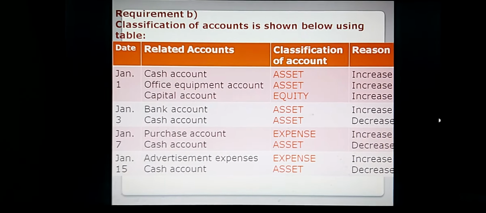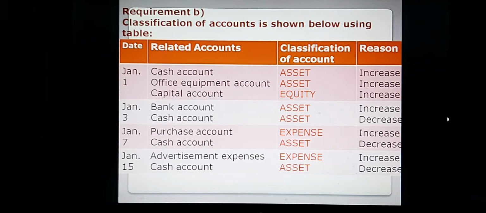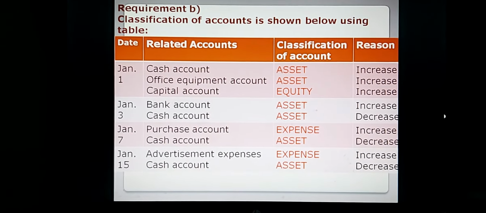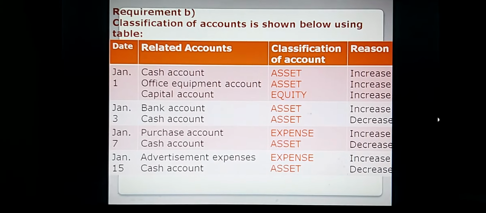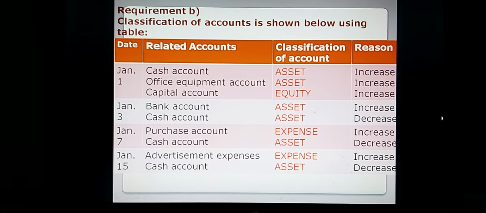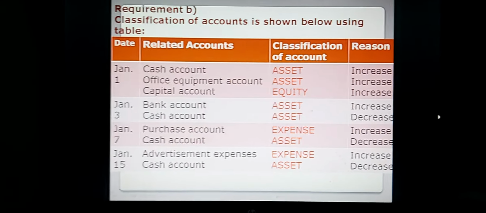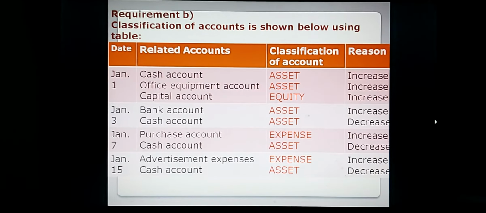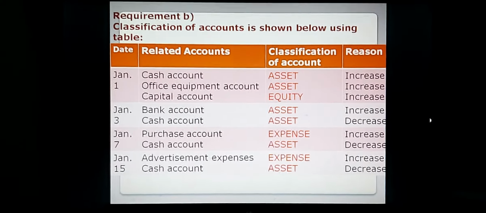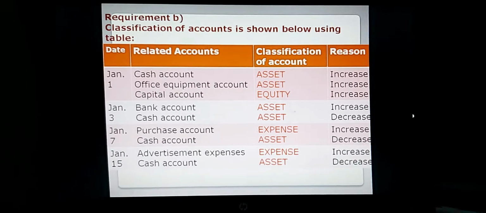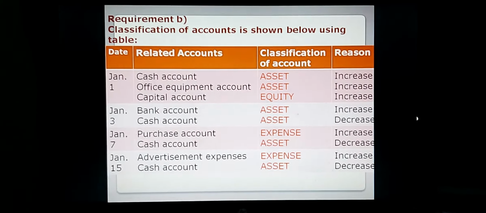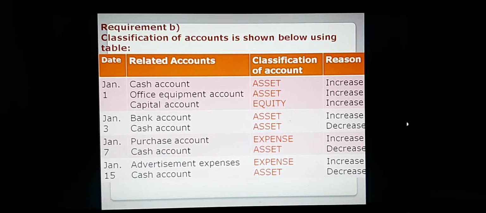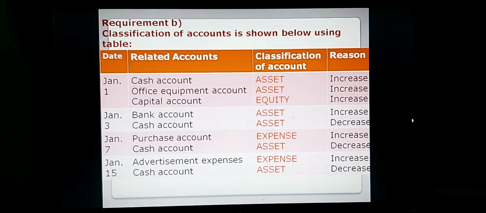Second one, related accounts. Third one, classification of account. Fourth one, reason. Okay, now you can go to the requirement B for solving these transactions to classify the accounts.